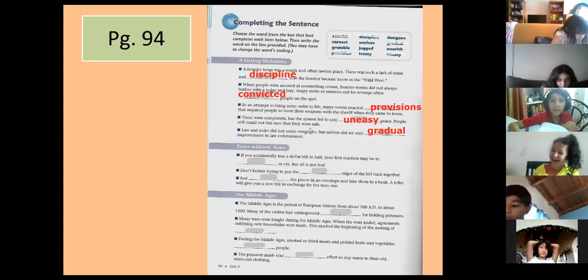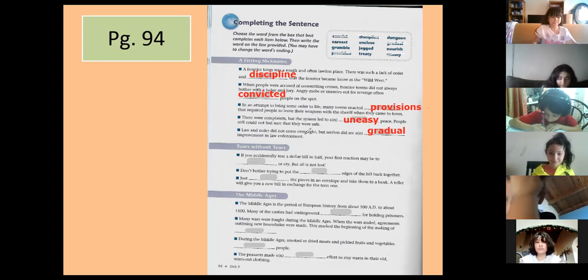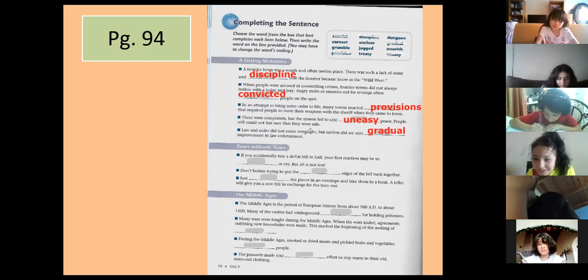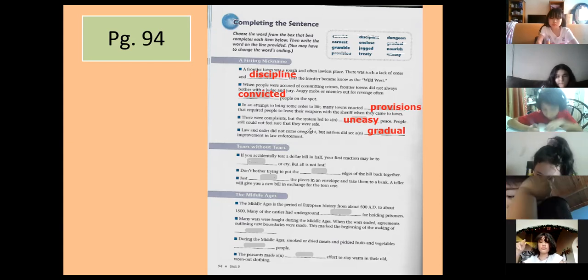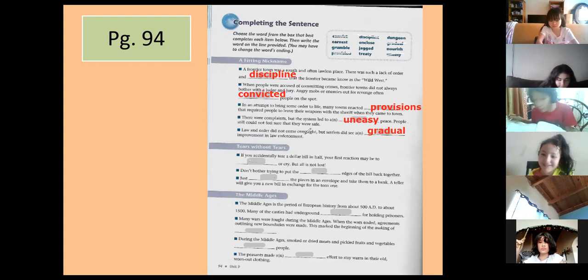Now, the second part, it says tears without tears. If you accidentally tear a dollar bill in half, your first reaction might be what? To crumble or cry, but all is not lost. What is your reaction? It says you can cry or you can be angry. Which of these words might be like to be angry?